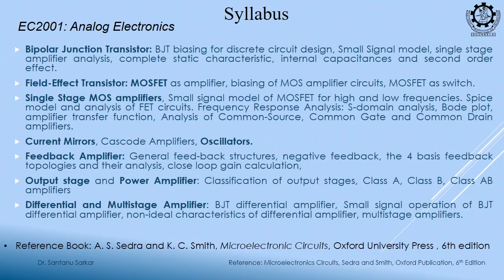For both of them we will be learning the biasing technique, small signal model and single stage amplifier. After the single stage amplifier, we will get into current mirrors, cascade amplifiers, oscillators, and after that we will cover feedback amplifier. There are 4 different topologies of feedback, we will cover that.